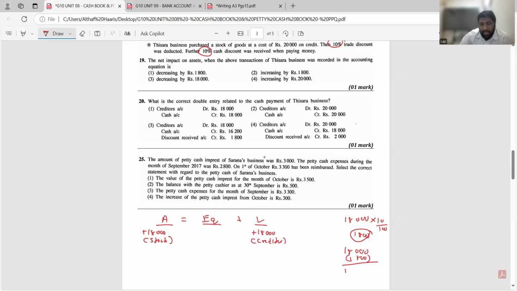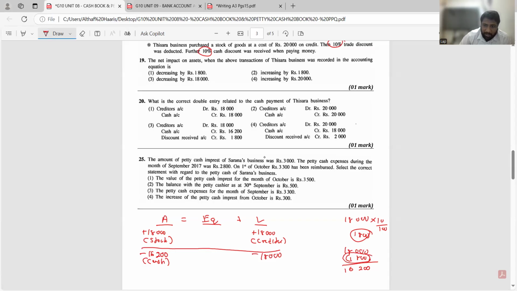The cash payment that we have done is 16,200. We have paid only 16,200. So here I'll record that one. Our cash has decreased by 16,200. Total liability is decreasing by 18,000.